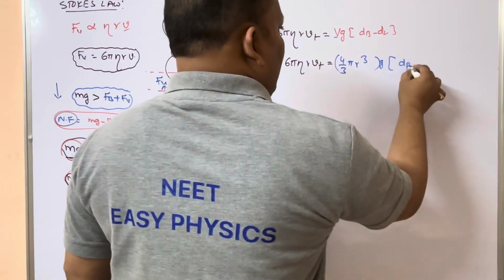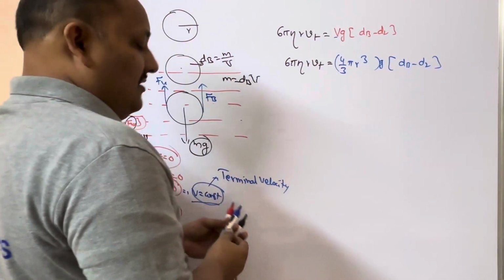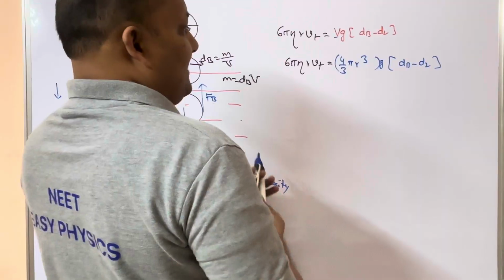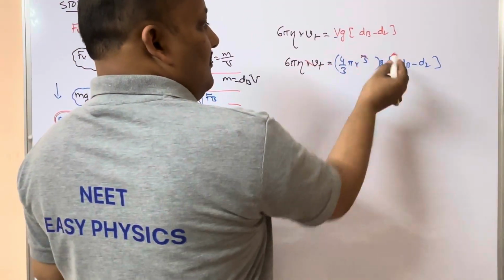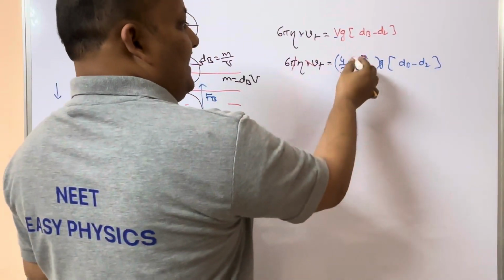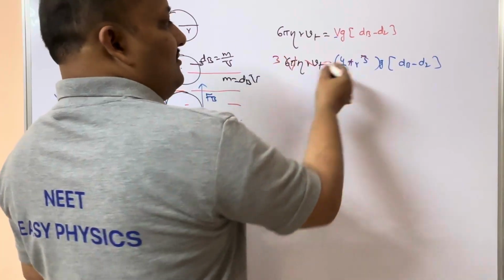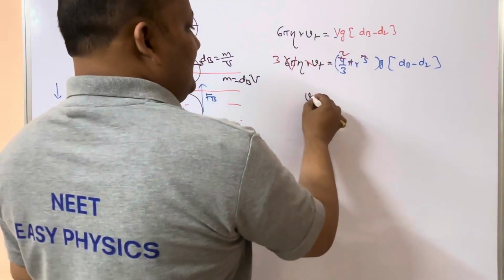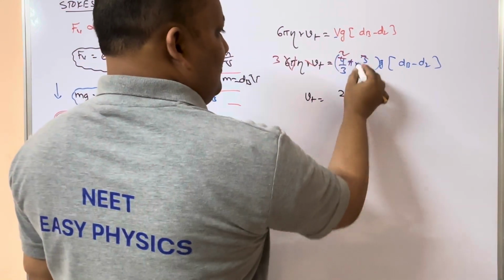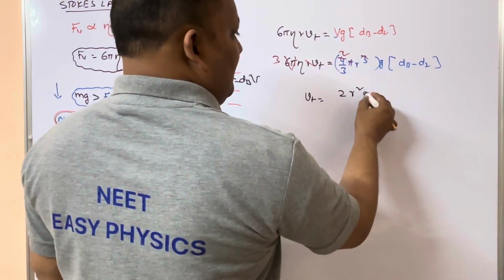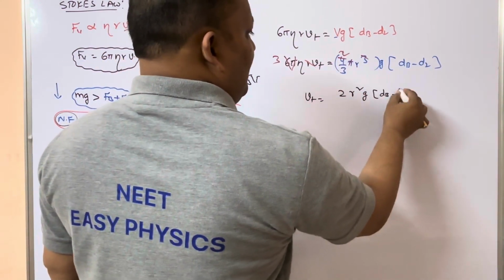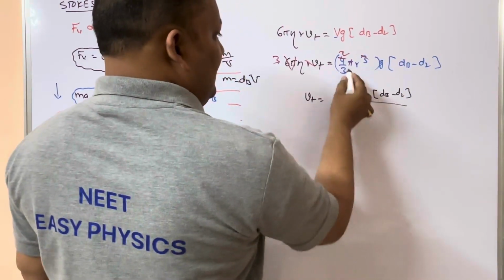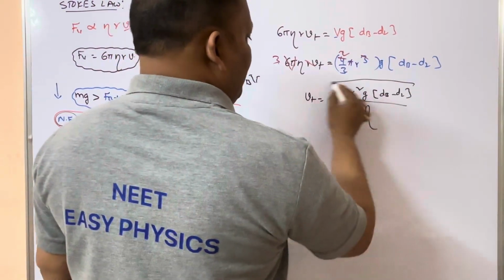So 6 pi eta r vt is equal to 4/3 pi r cube g (d_b minus d_l). One r will be cancelled, one pi will be cancelled, 3 twos, 2 twos. Therefore, terminal velocity is equal to 2 r square g (d_b minus d_l) by 9 eta.